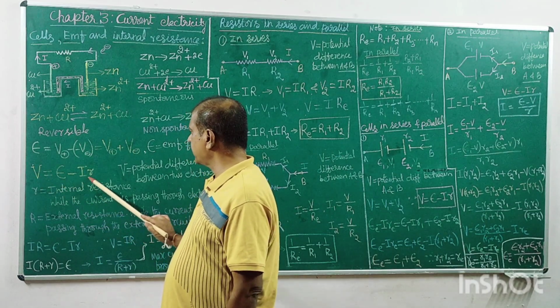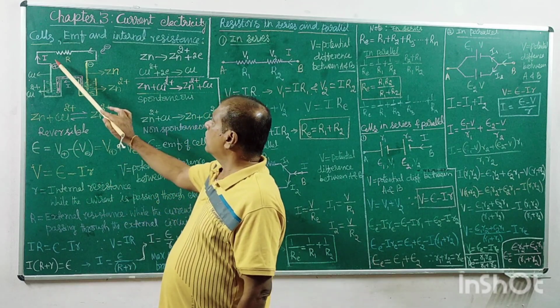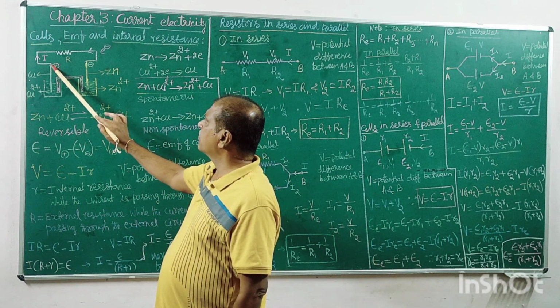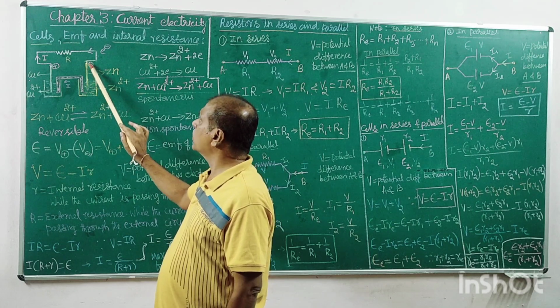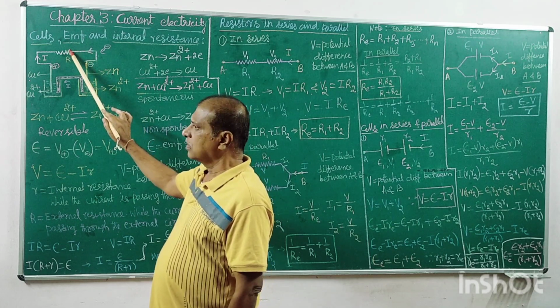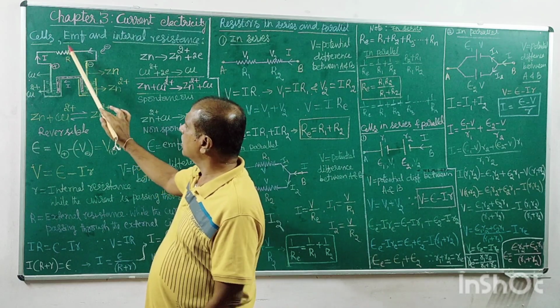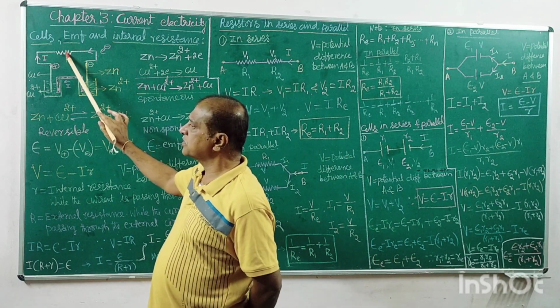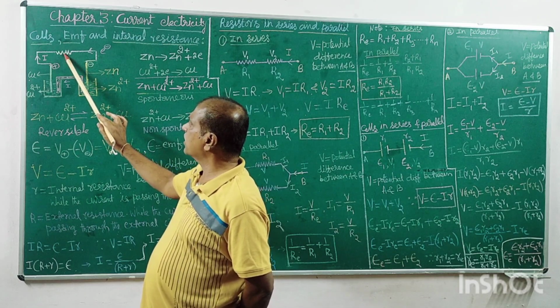Remember, this equation is very important for all cells or batteries. So what is V? It is the electric potential difference between these two, which can be applied to any external circuit for consumption of power. The resistor is meant for consumption of power.